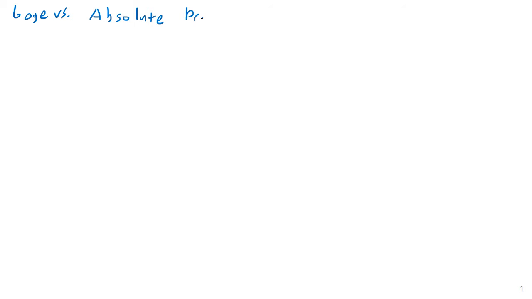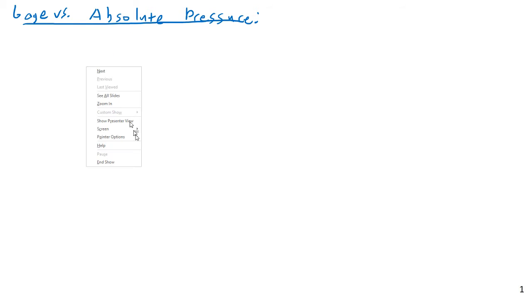Again, gauge pressure is the pressure relative to the atmosphere. Not cage pressure, gauge pressure is defined as the pressure relative to the atmosphere.